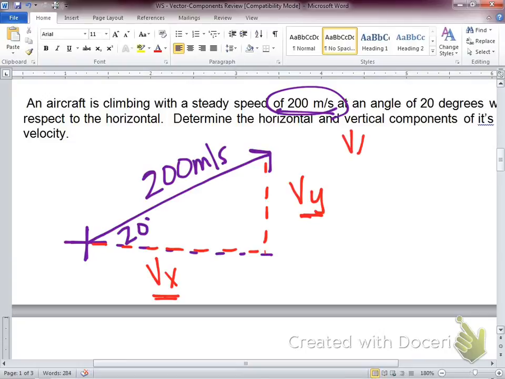If we want to solve for v sub x, we take our hypotenuse times sine or cosine? Cosine, because it's adjacent to that 20-degree angle. Let's make sure that all your calculators are in degrees, not radians. Okay.